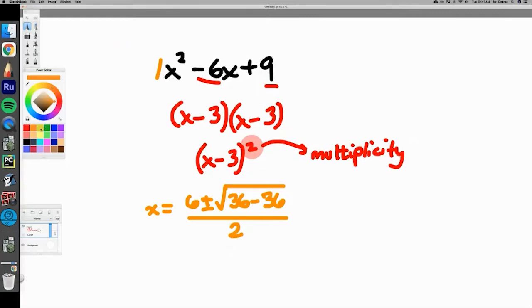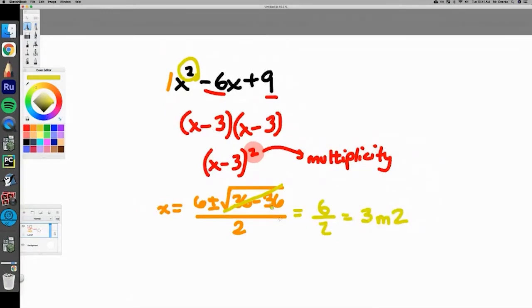Now, if you notice, this ends up being 0. 36 minus 36 is 0, so you have the square root of 0. That's where the multiplicity comes into play. Whenever you get a plus or minus 0, that is technically 2 answers. It's just that plus or minus 0 happens to be the same thing. So you end up with 6 over 2, which is equal to 3. But you should have 2 answers, so you would have to write 3 multiplicity 2.